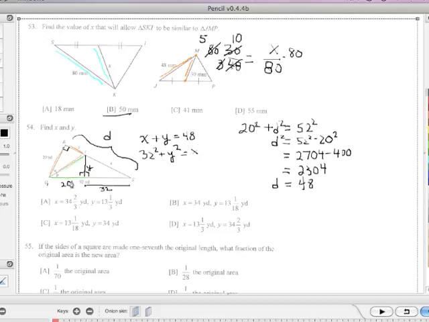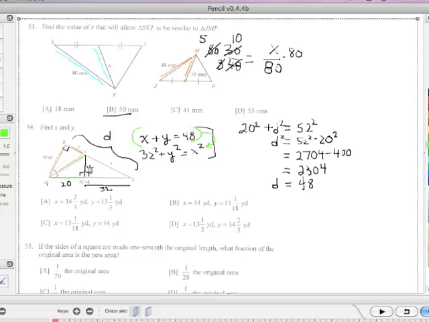Now, we have two equations, two unknowns. The next step is to take this equation up here. There are a lot of ways to do this, but I think this is maybe the easiest: solve this for x, put it in this equation, and then we can solve for y.